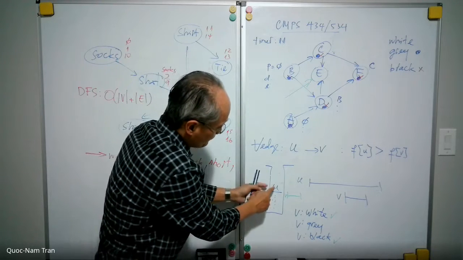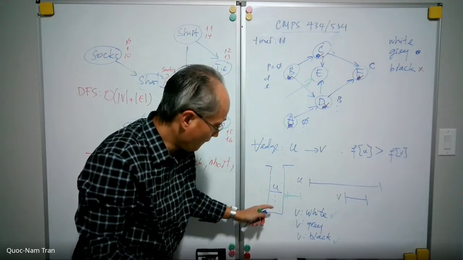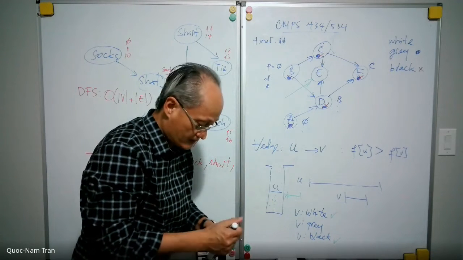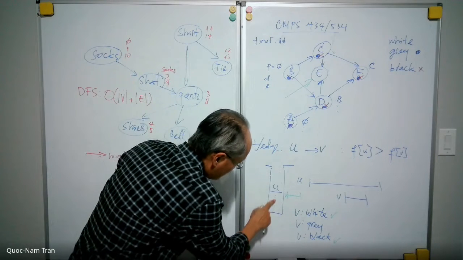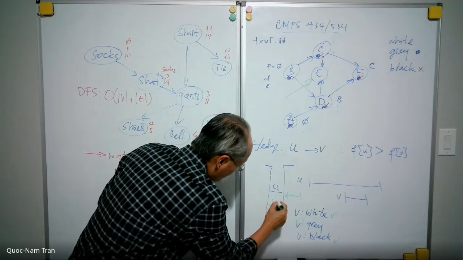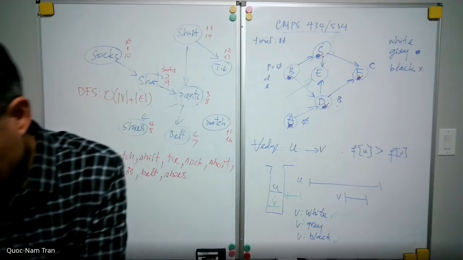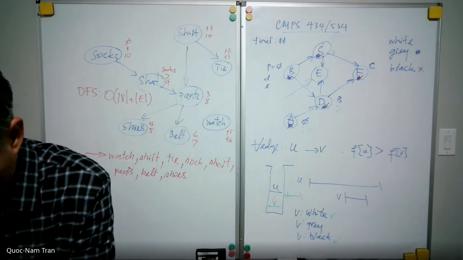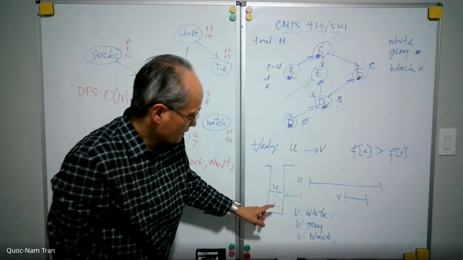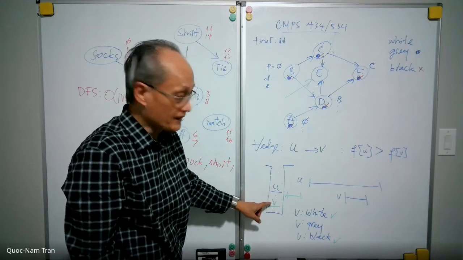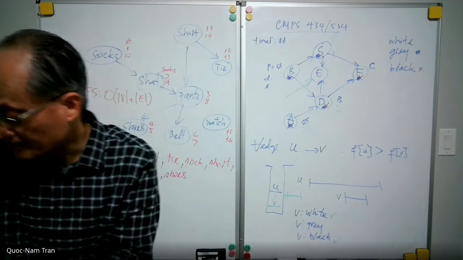If v is gray, meaning that v is on the stack, so v is somewhere here. Is it possible? It's not possible, because when v is gray, it's more like this.